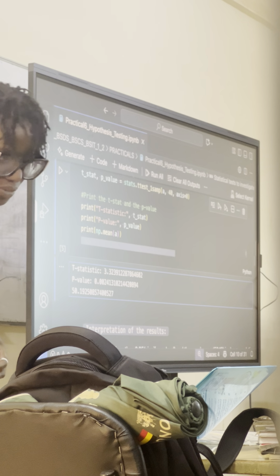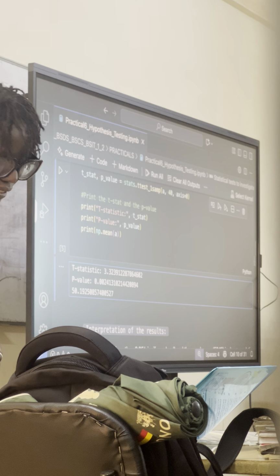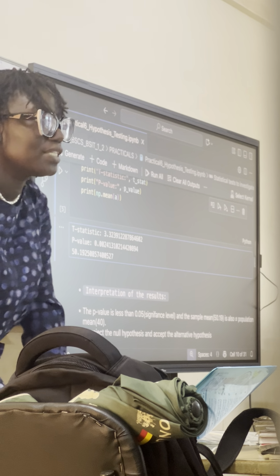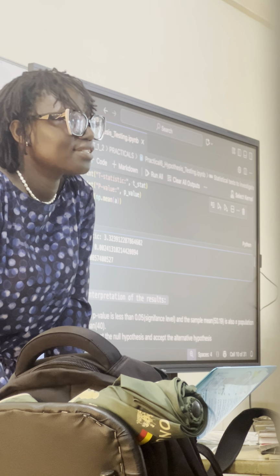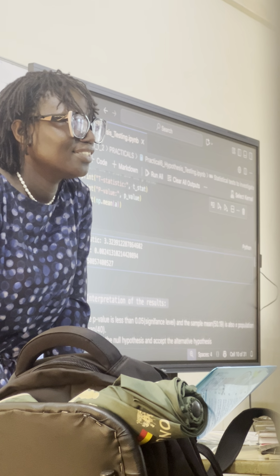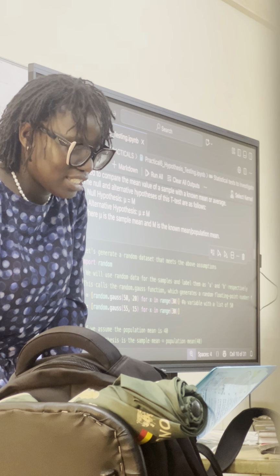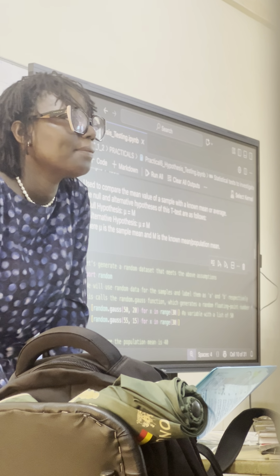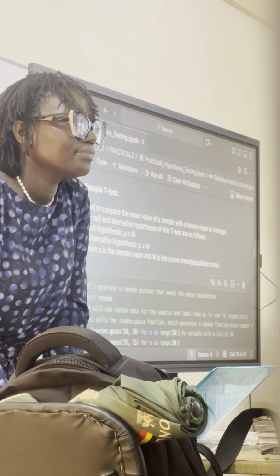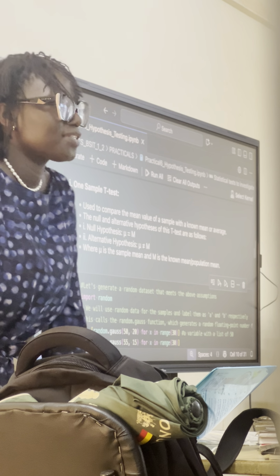Okay, so let's see what sample B looks like. What if my p-value is 0? What if your p-value is 0? 0 is less than 0.05. So what would be the difference between 0.0000 and 0.002? It's about where you have set your threshold.